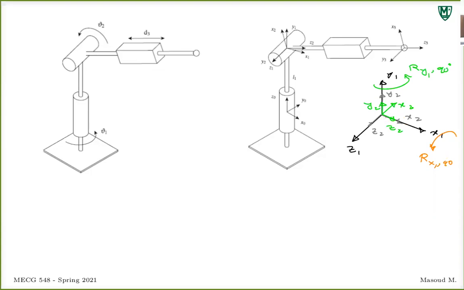That gives you this: z2 stays there, x2 goes there, and y2 comes here. You know what? Now I see where I went wrong, because I added too many rotations. Yeah, that's what I was saying. I feel like the third one is extra.